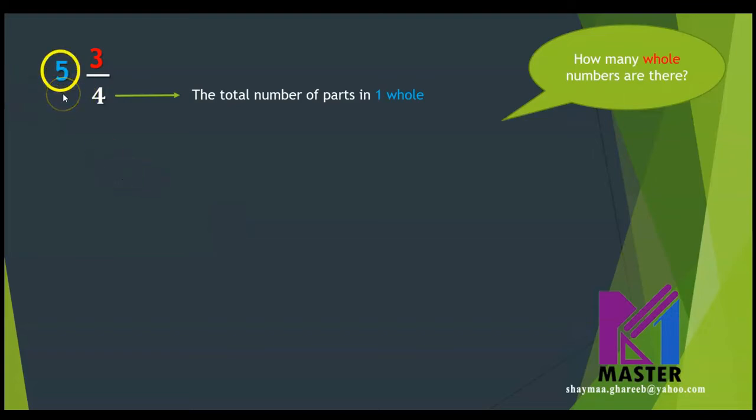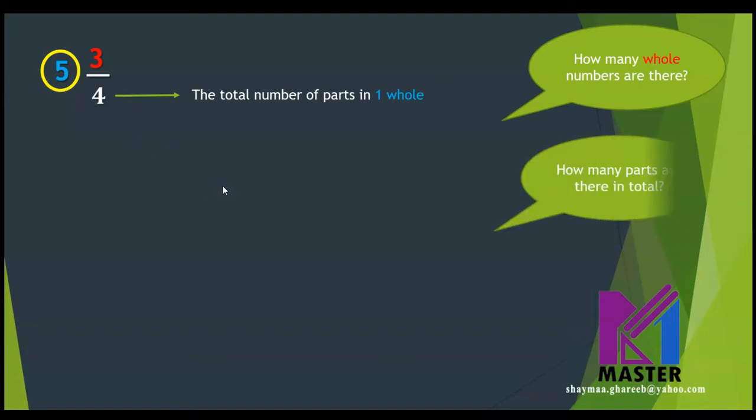This is a whole number, which means each one in this 5 is divided into how many parts? It is divided into 4 parts. Is this clear? Because the 4 is the number of parts in the one whole, and this 5 is the whole number, which means each one from these 5 is divided into 4 parts.